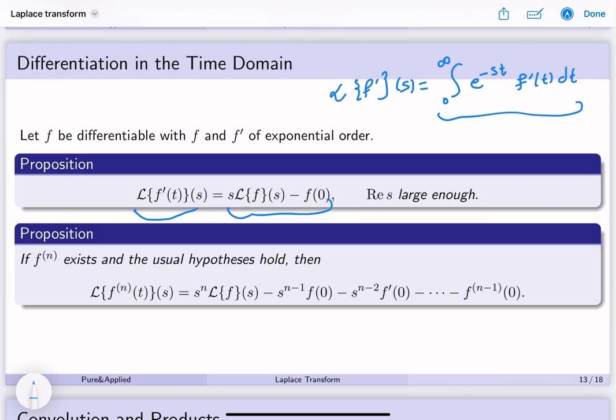You could integrate by parts: something like e to the minus st f of t between 0 and infinity, minus the integral of the derivative of this times f of t dt, and this is going to be a Laplace transform with some s carried out, and so there's a derivative here, and this is going to be f of 0. If you assume that f is of exponential order, then the value at infinity disappears, and you end up with just f of 0, because e to the minus st at 0 is 1.